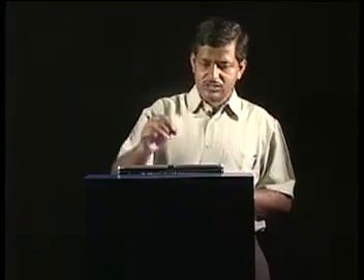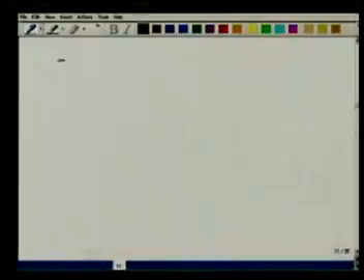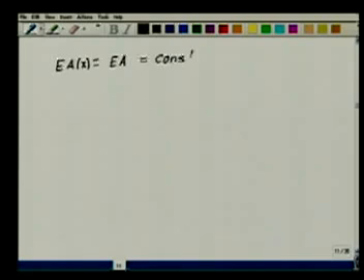So let us now go and use this for a particular problem. Let us take the case where EA as a function of x is equal to a constant. Okay, so simple thing. So now what do we have? Remember that we need the derivatives of n1 and n2.